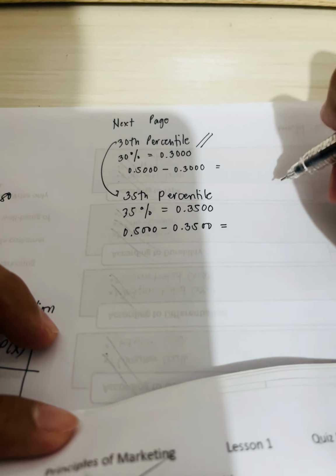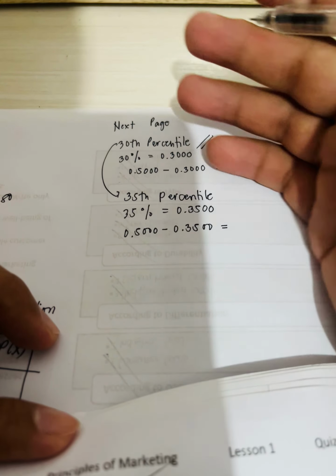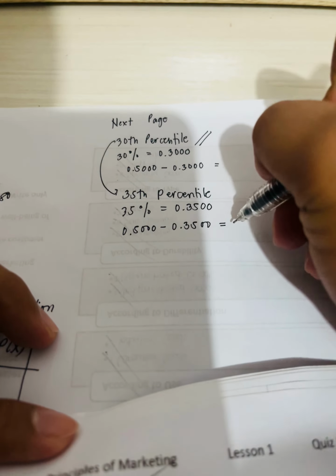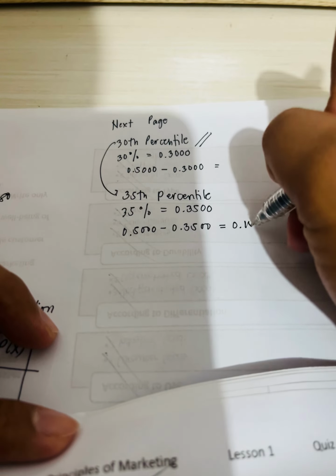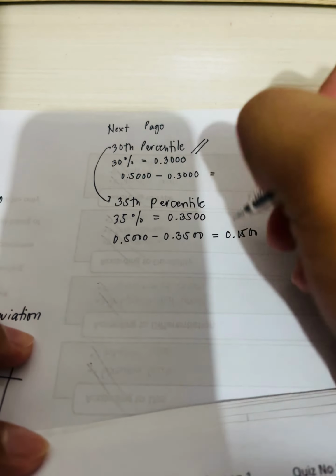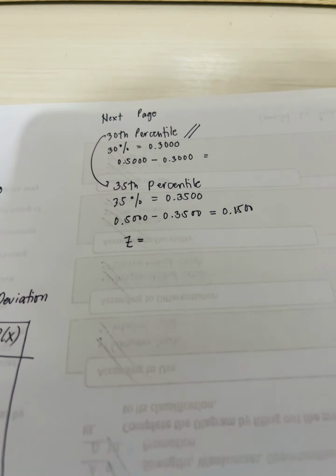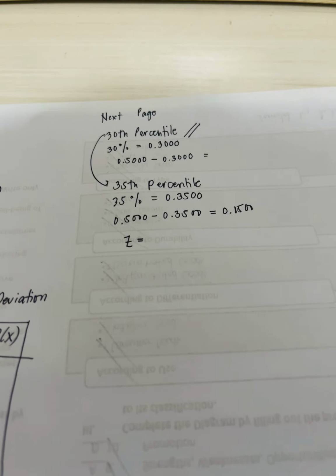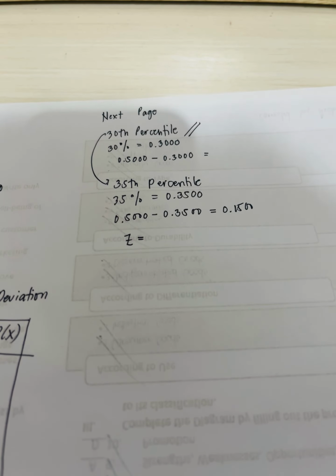Okay, so because the 35th percentile is on the left tail, this will give us 0.15. Now, to find the z value of 0.15, because that is an area, we will use our z table, of course.